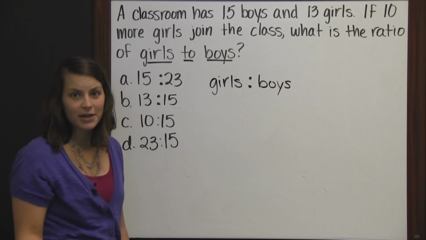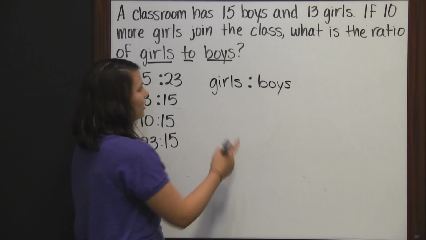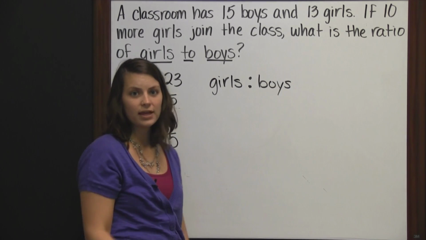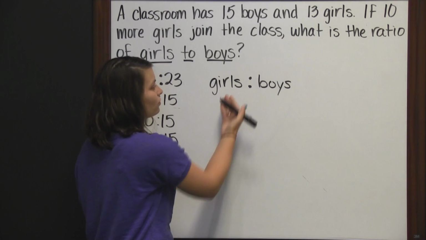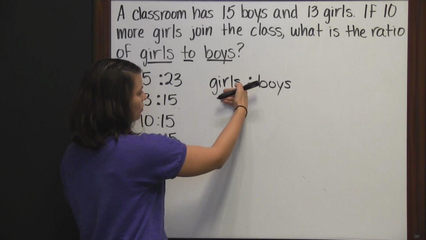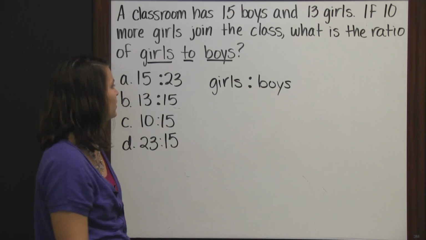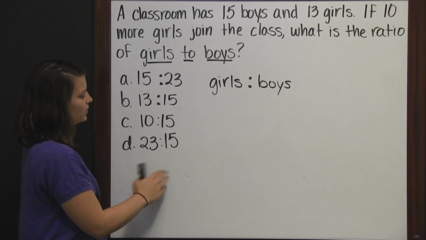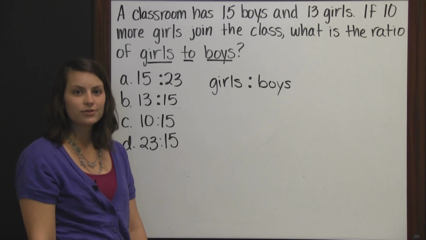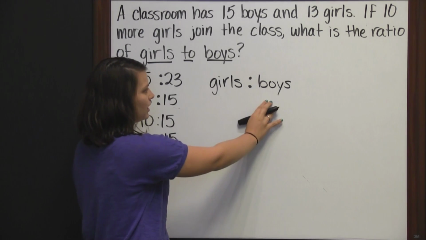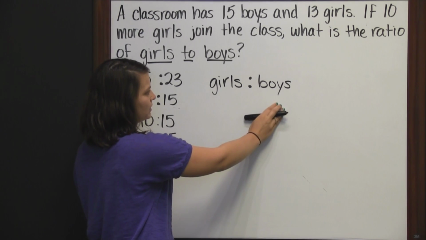And there are lots of ways to write ratios. You could actually write out the word to like they did in the question, or you could write it as a fraction with girls on the top and then boys as the denominator. But if we look at our answers, we can see they used a colon for 2. So I wrote mine the same way, girls to boys.